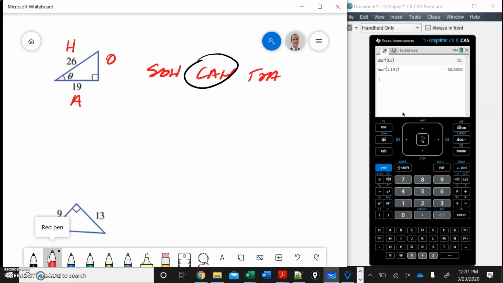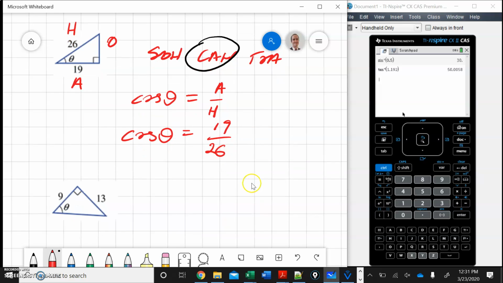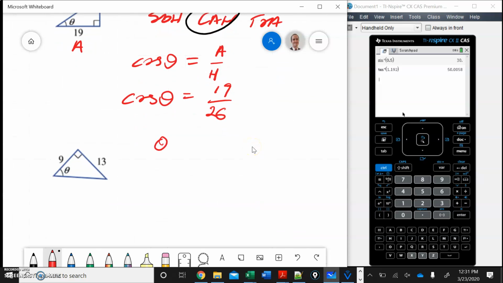So we can write out the trig ratio: cos of an angle is A divided by H. We substitute those values in, so cos of the angle is 19 divided by 26. Now we want to say angle equals, so we write angle is cos -1 of 19 divided by 26.